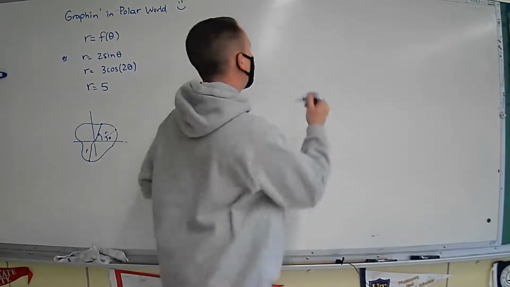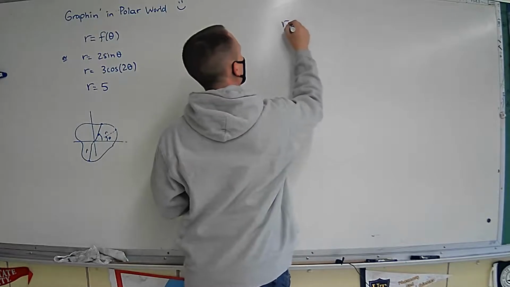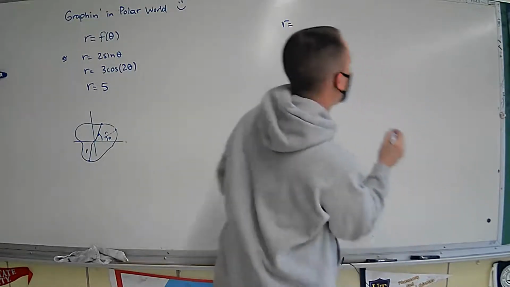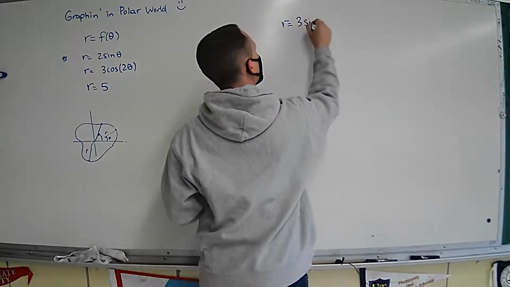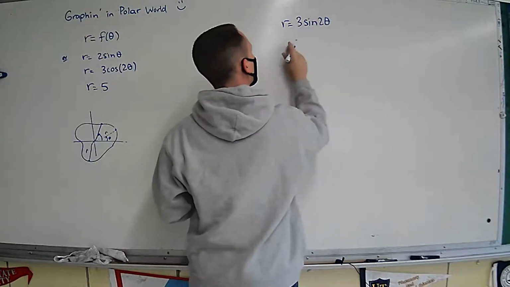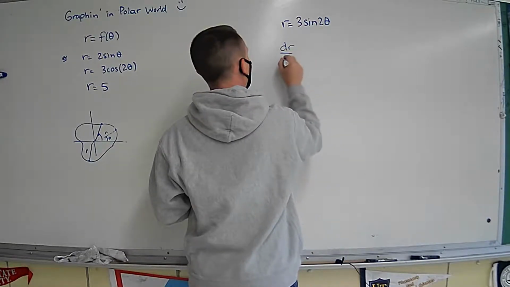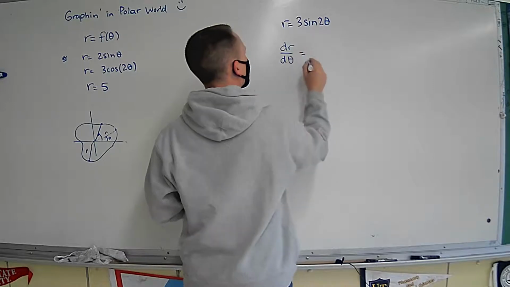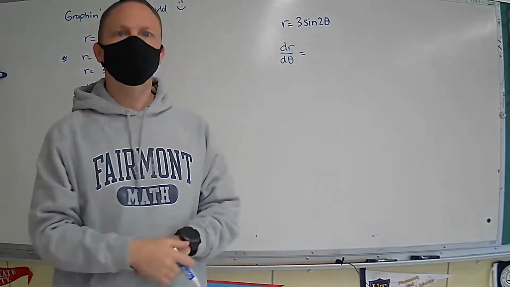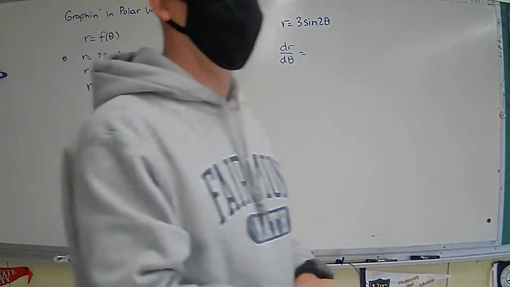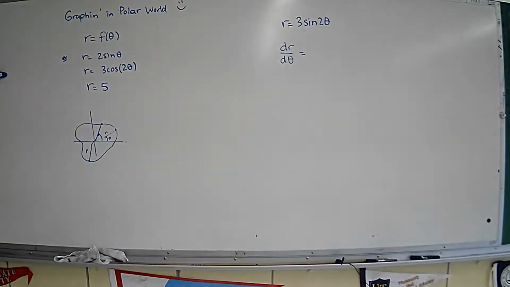What was our equation? R equals 3 sine of 2 theta. What's dr d theta? It's a derivative, but just go ahead and find it, because I think you guys can find it easier than you can explain it.